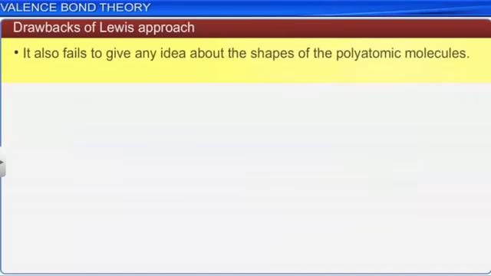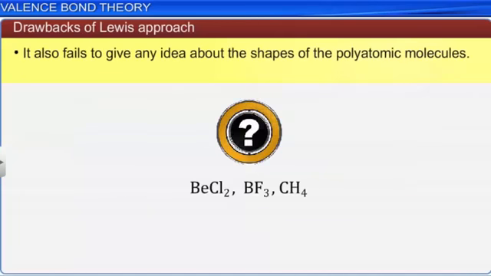It also fails to give any idea about the shapes of polyatomic molecules. The VSEPR theory, on the other hand, gives the geometry of simple molecules but fails to explain their formation.